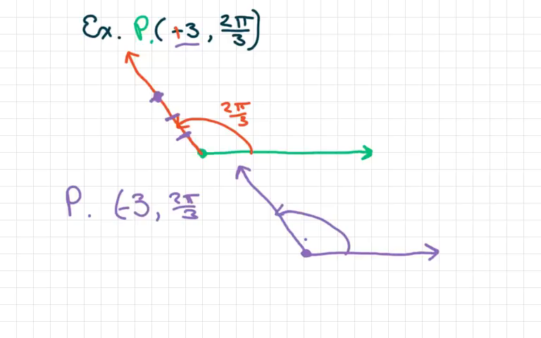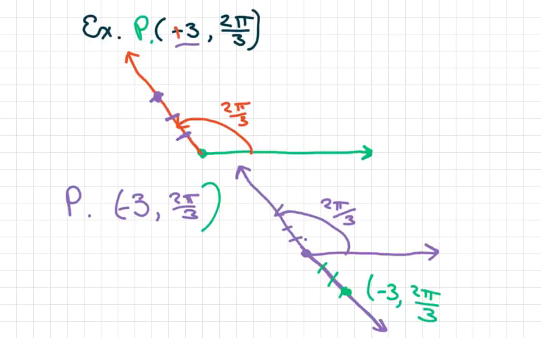Instead of going up 3, I still have my angle at 2 pi over 3. I'm going to just draw a line here going down this way, and I'm going to go down 3. So this point is negative 3 comma 2 pi over 3.